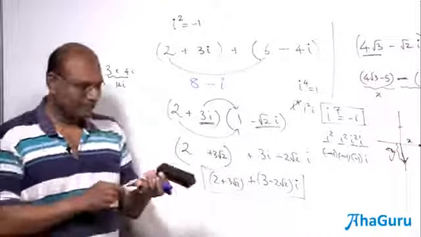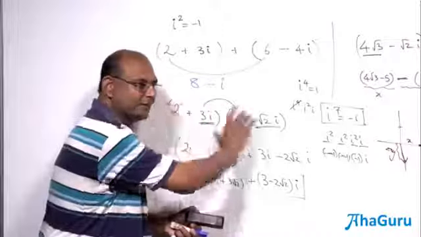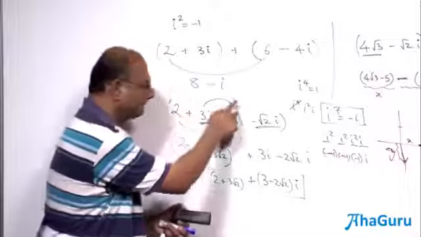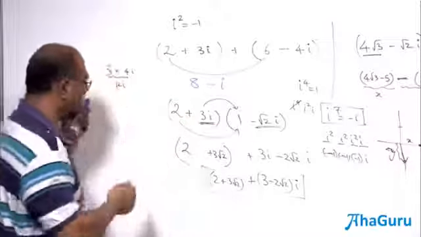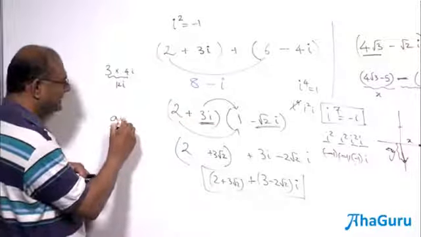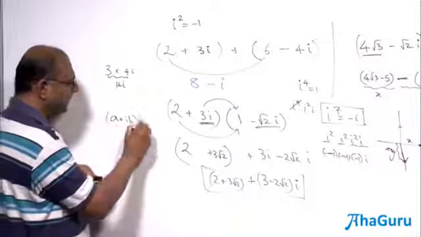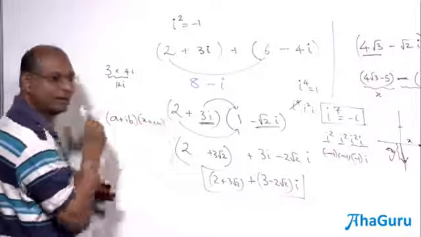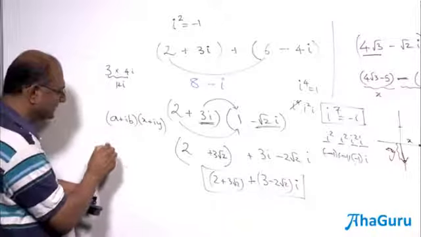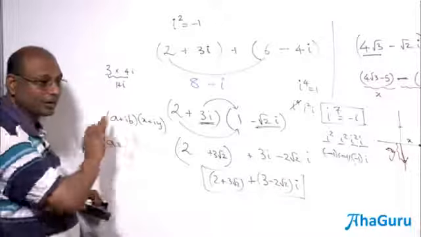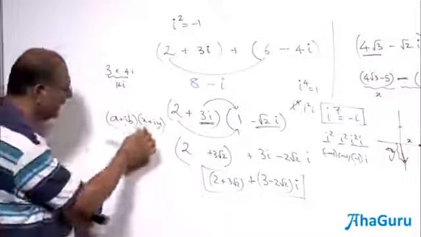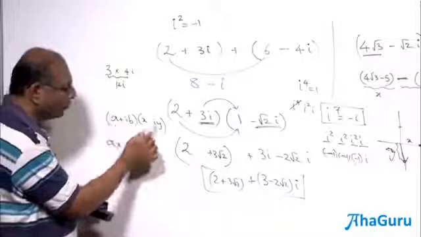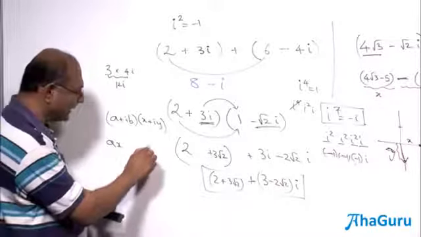So it's simple because all you have to do is to just distribute this multiplication. Suppose in general I want a plus ib into x plus iy. What am I going to get? ax. Don't remember it as a formula, just do it. ax. Then you're going to get ay, but that's going to come with an i.